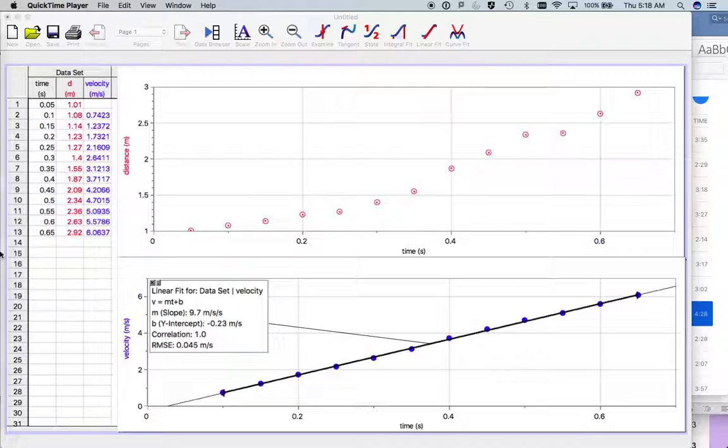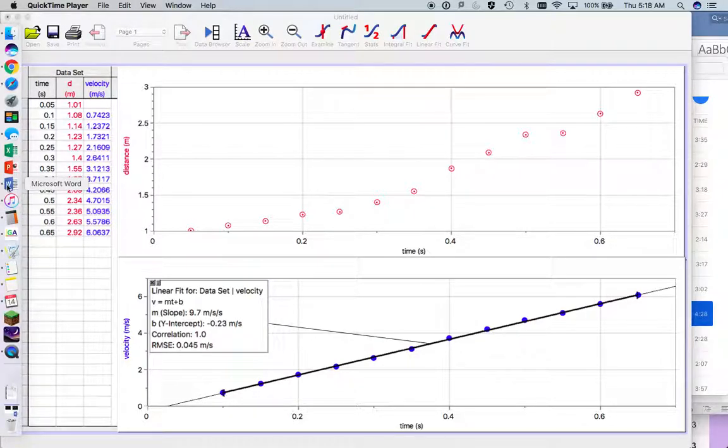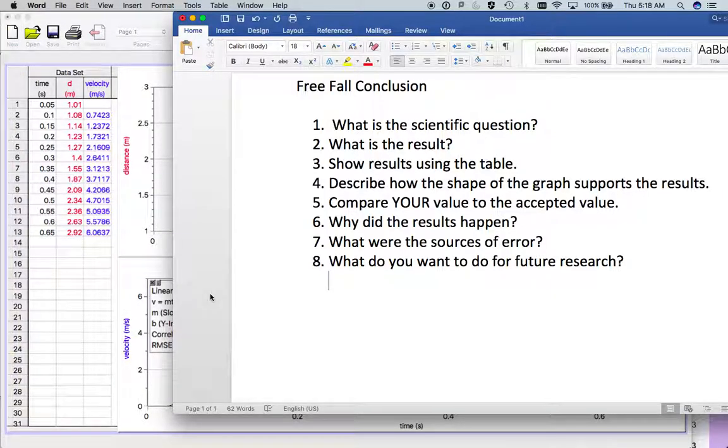As you remember, in a conclusion, we're answering the following questions. What is the scientific question? In this lab, we're trying to figure out how do objects in free fall move? That was our scientific question. There are really two answers that could possibly happen. One is that the motion has a constant velocity, and the other is that it has a changing velocity.